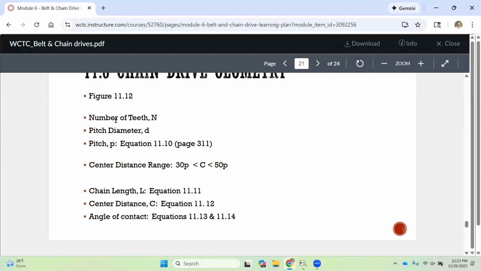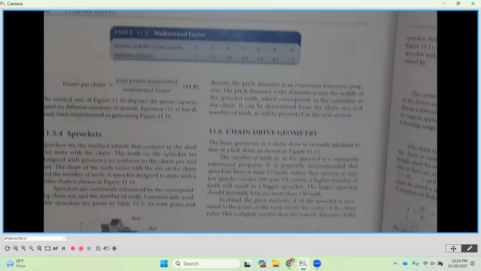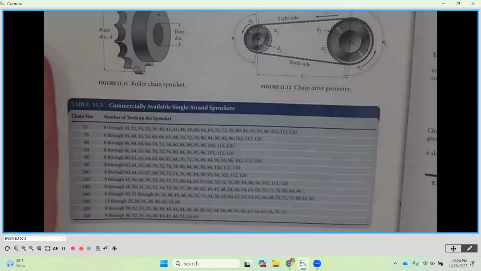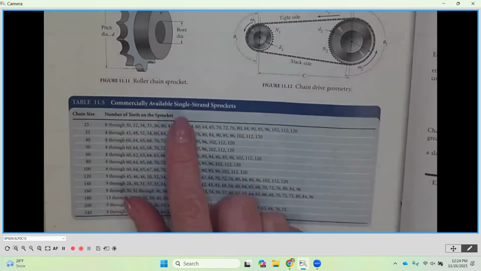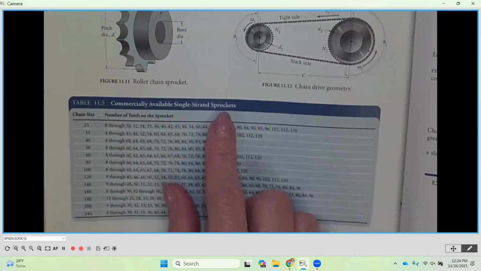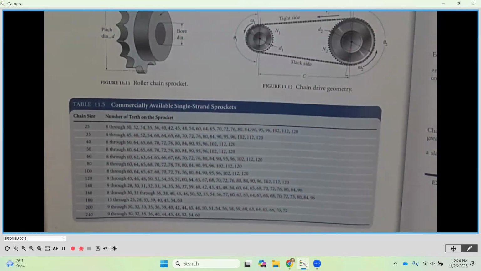Okay. So another thing that we have to specify is going to be the number of teeth on the sprockets. If we turn the page and we go to page 310, at the bottom, we have table 11.5. These are the commercially available single strand sprockets. Okay. So if we look, here's going to be our chain size in that number.